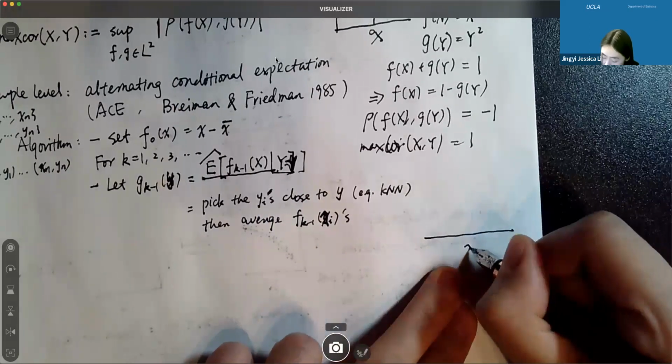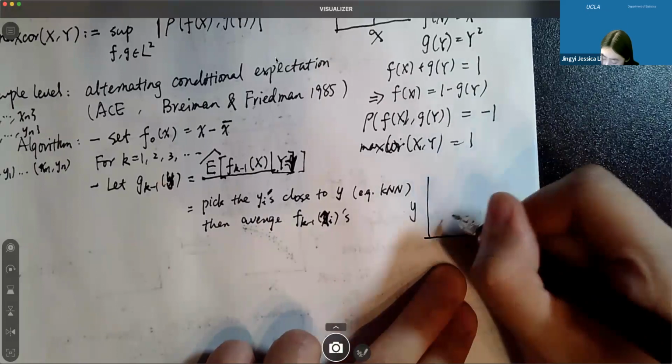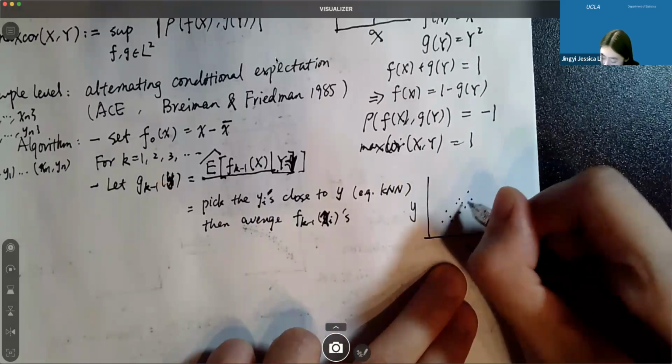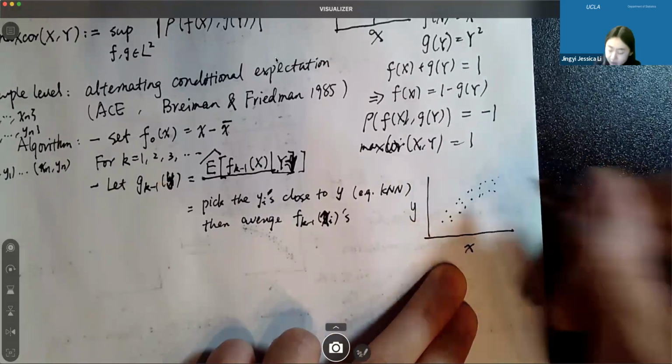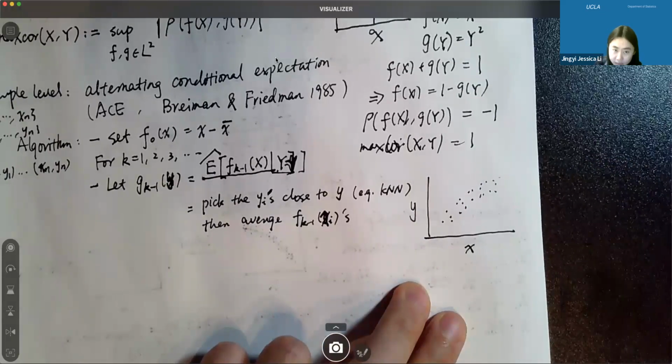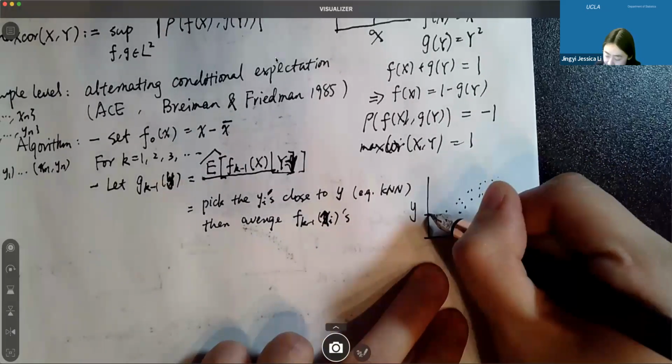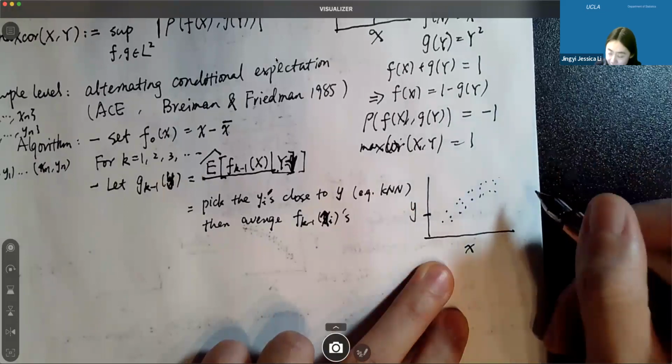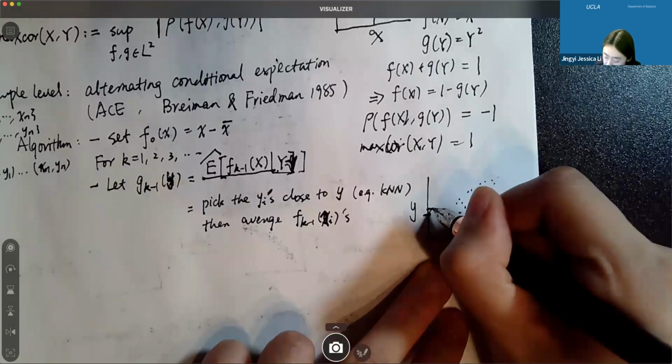Let me just draw a scatter plot to help you understand. Let's say you have points like this. What we are doing in this step is that given every value y you want to evaluate, you take a small neighborhood of it.